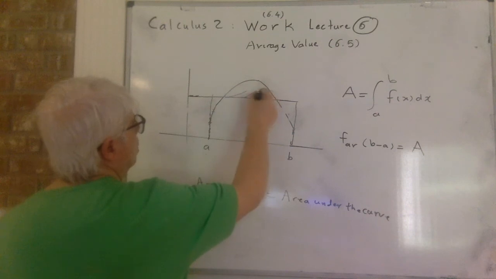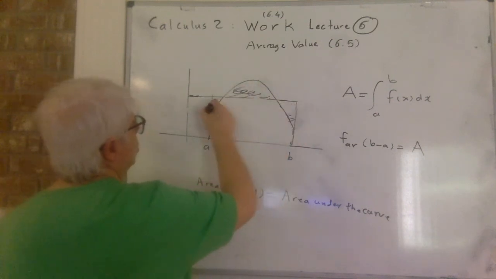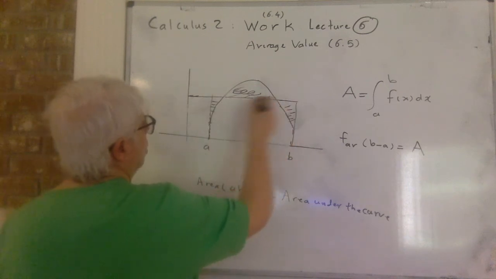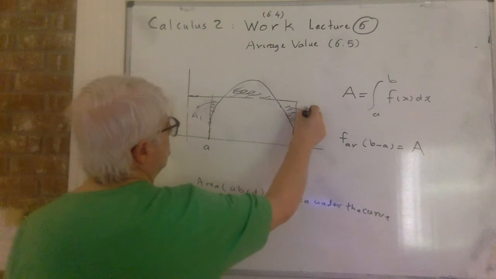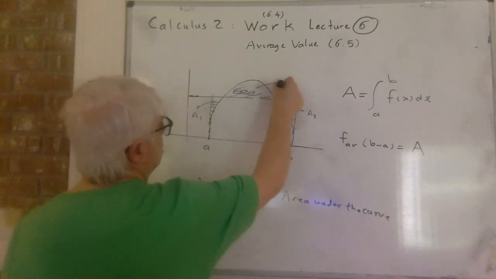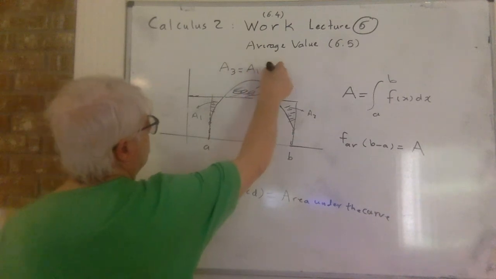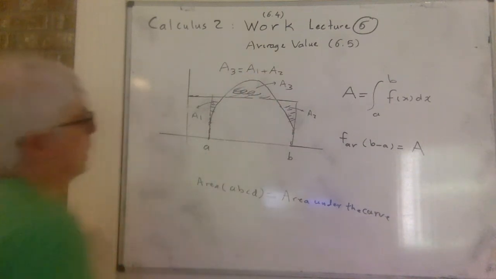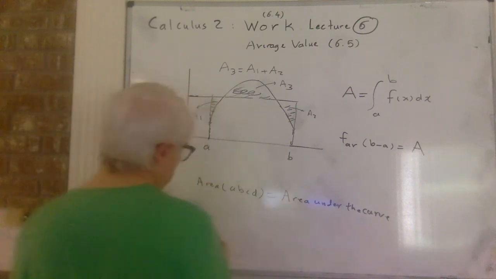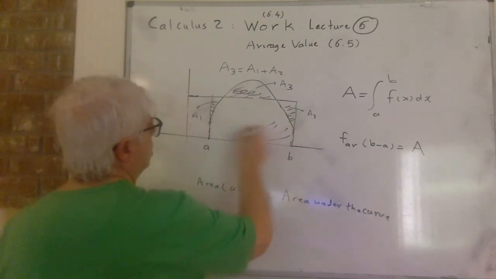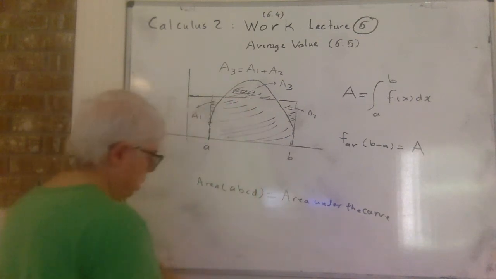So this shaded area will be equal to this shaded area. So this is area 1, area 2, and this area 3. Then area 3 should be area 1 plus area 2, right? Because this part is shared.